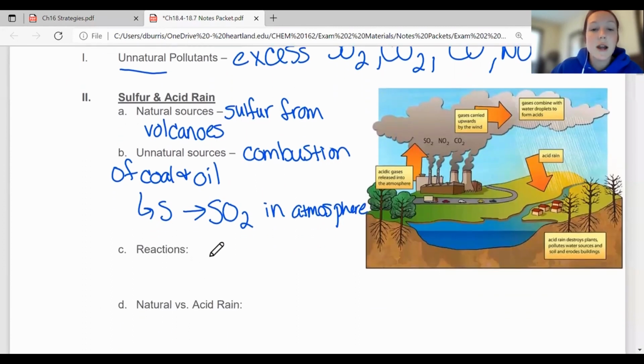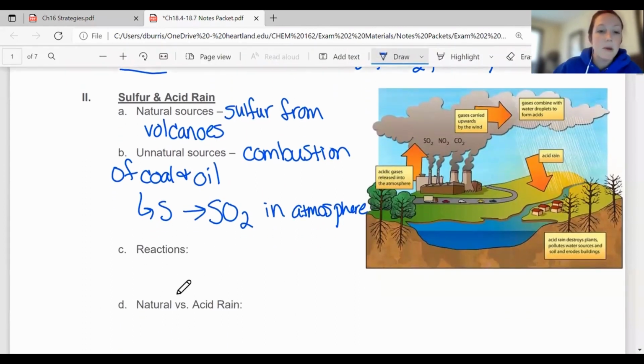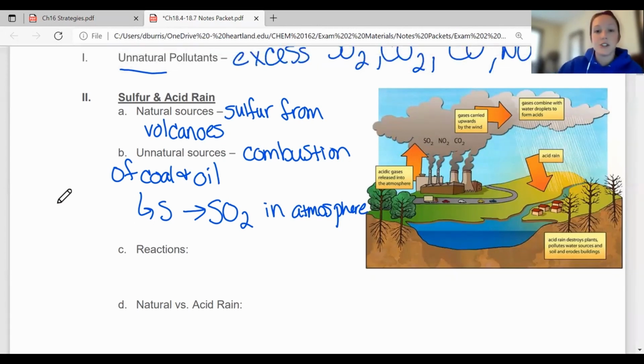So I'm not going to write out the full chemical reactions, but essentially when you have sulfur that gets combusted and turned into SO2, that happens in volcanoes, it happens when we combust things, it happens in forest fires. That SO2 is going to react with oxygen in the air and oxidize into SO3. So how does this happen? This little arrow right here was oxidation in the air.